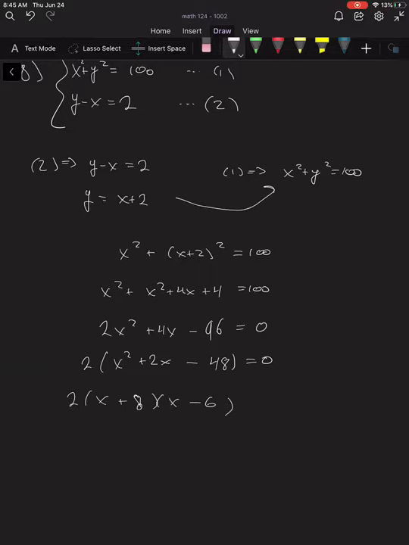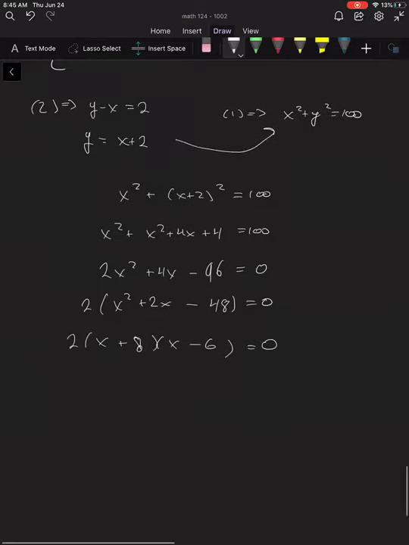So that factors into this, and that equals 0. We could divide the 2 over here, divide the 2 over here, so the 2 just goes away. What we have is x plus 8 times x minus 6 is 0. So x is going to be minus 8, and x is going to be 6. We have those 2 answers for x values.